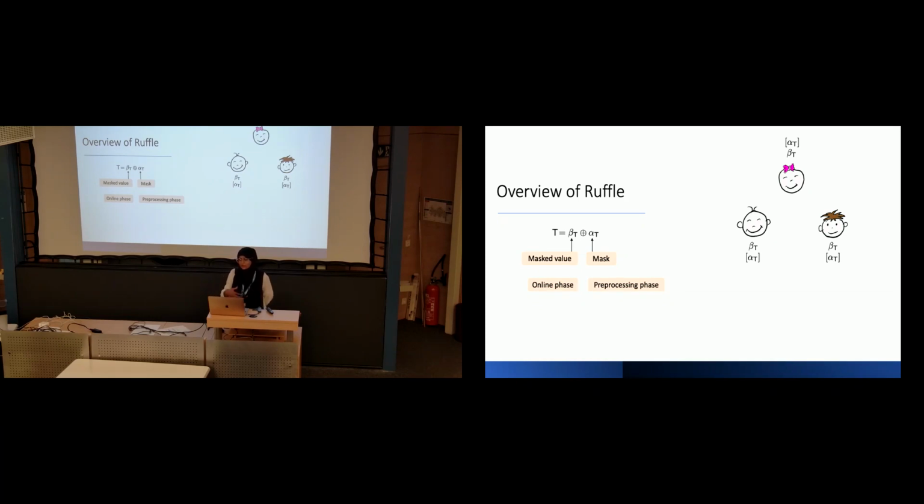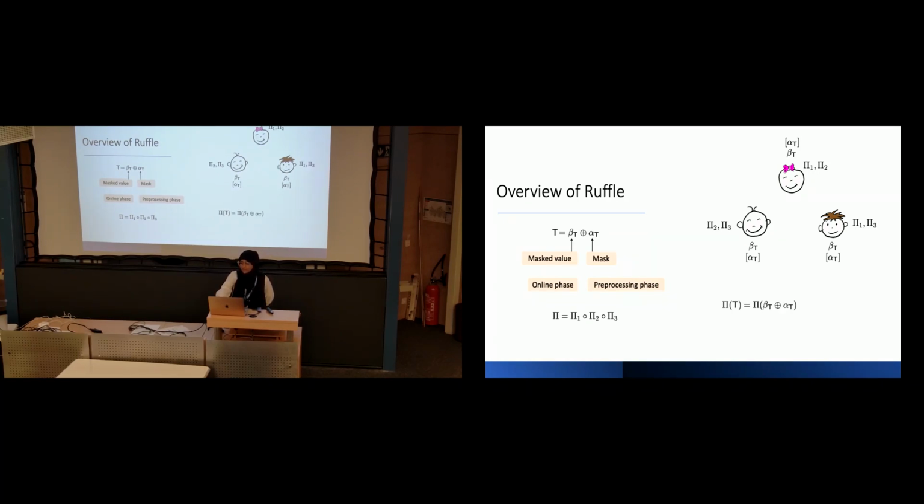Now, to ensure that the permutation that is used for shuffling also remains hidden in the process, the permutation is defined to be a composition of 3 permutations, and every party is going to miss 1 distinct permutation out of the 3, which ensures that the permutation pi will not be known in clear to any of these parties. And now our goal is to generate shares of pi of T, which is the elements in T rearranged under this permutation pi.